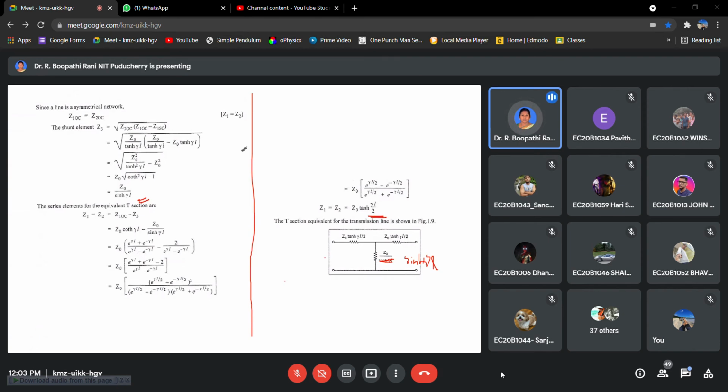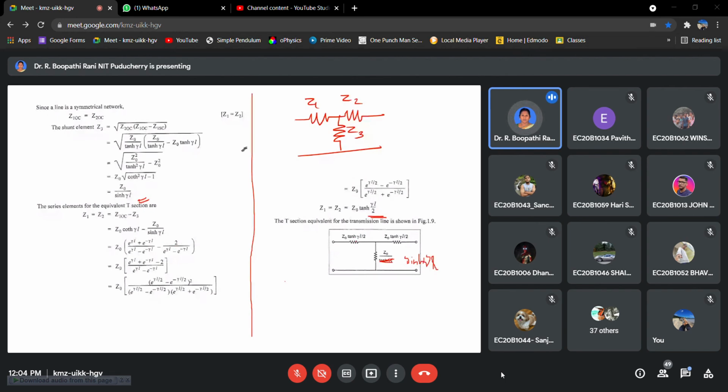So we started with Z1, Z2, Z3 as T section. Now we found the expression for Z1, Z2, Z3 in terms of secondary constants of a transmission line. So Z1 is Z0 tanh nu L by 2.